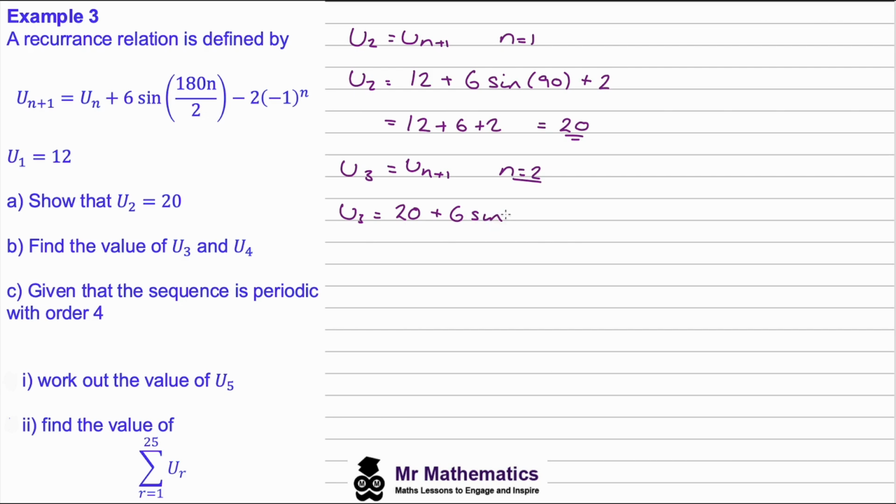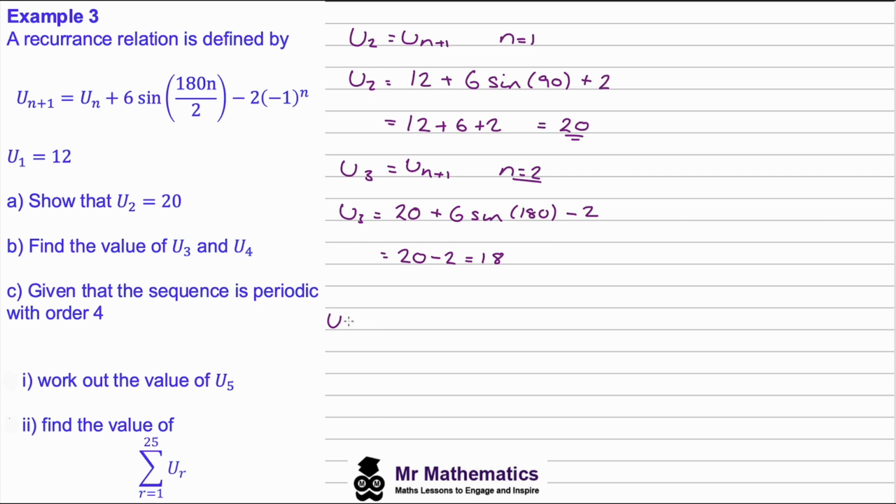This will be the sine of 180 minus the 2 times negative 1 squared. Negative 1 squared will make positive 1, so this will be minus 2. And then we'll have the 20. The sine of 180 is 0, so this term will go. And 20 take away 2 will give us 18.